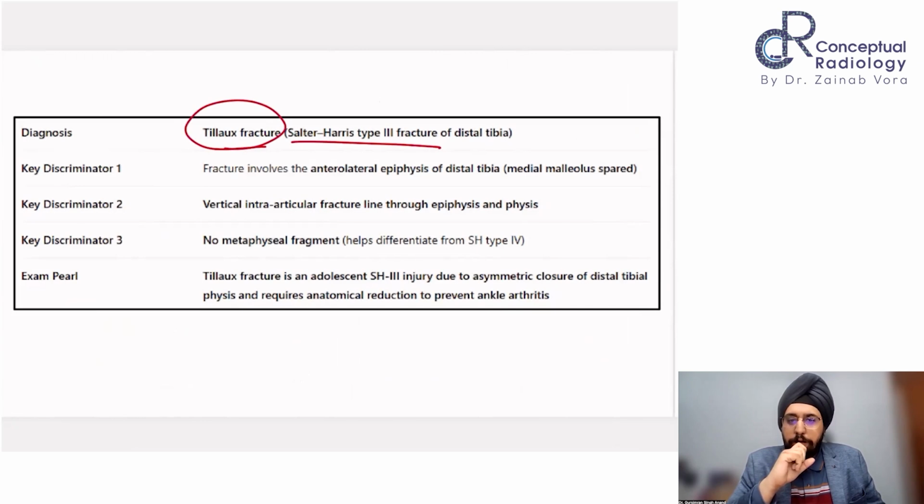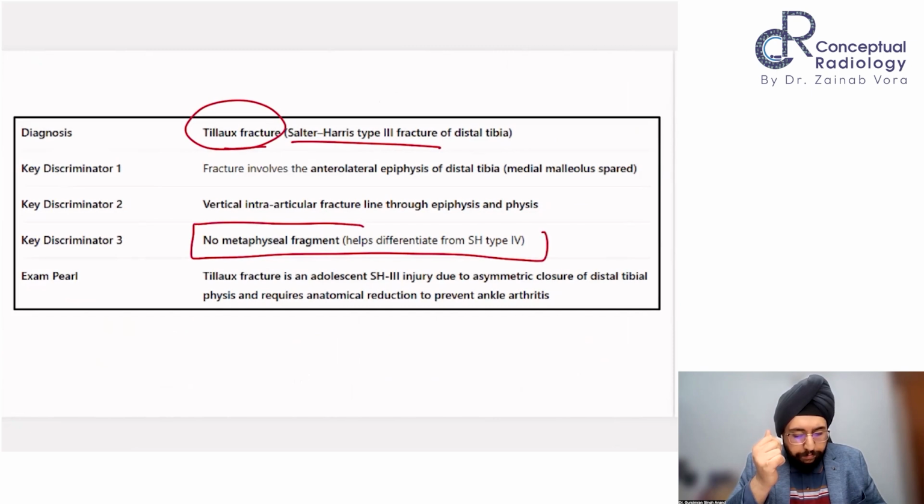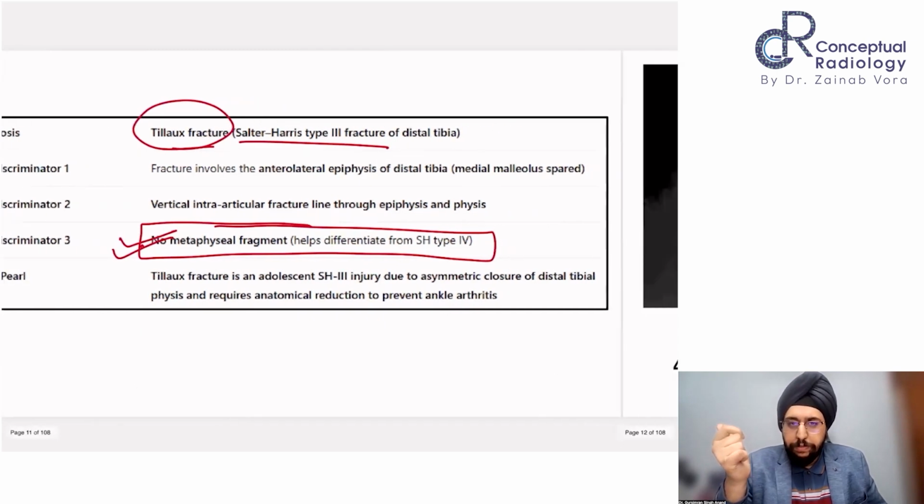It requires surgical correction and anatomical reduction to prevent ankle arthritis. So no metaphyseal fragment, which helps to differentiate why it's a type 3. It's a vertical intra-articular fracture line going through the physis as well as the epiphysis.